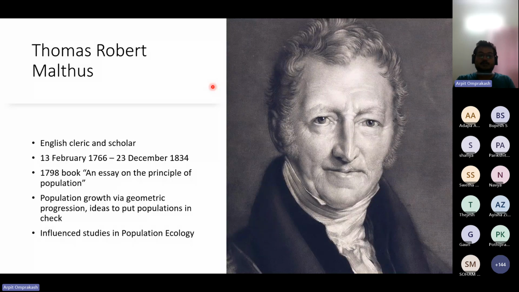They can reproduce to produce four rabbits, and these four can in turn produce eight rabbits. Population growth is an exponential curve, and his thoughts in this essay influenced studies carried out in population ecology.